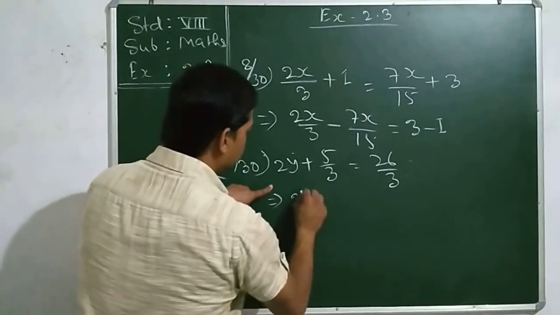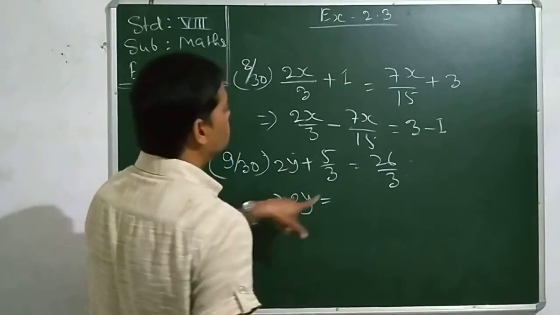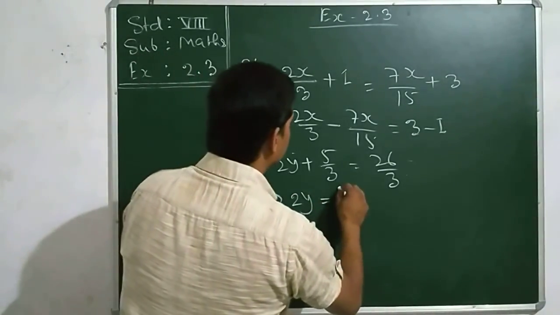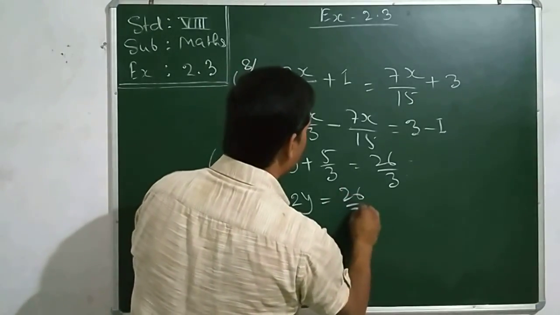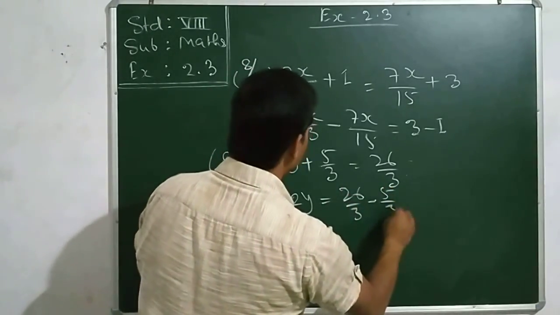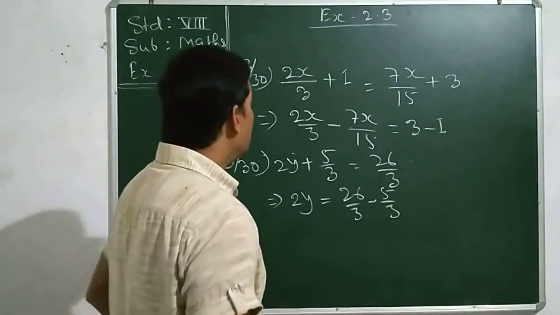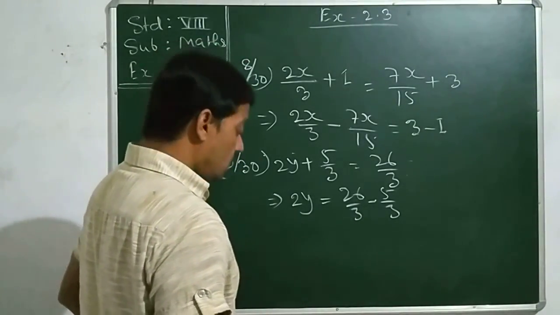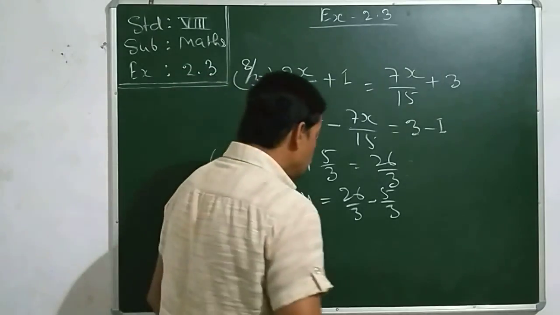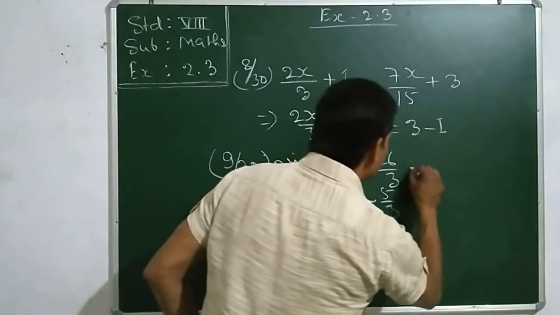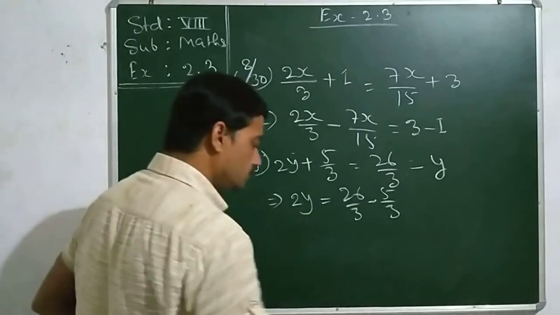Keep the 2y in the LHS only, equal to 26 by 3 minus 5 by 3. 26 by 3 minus y was also there.